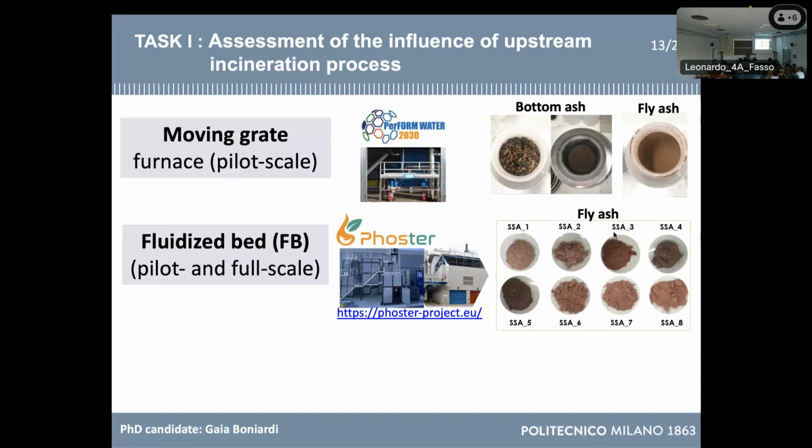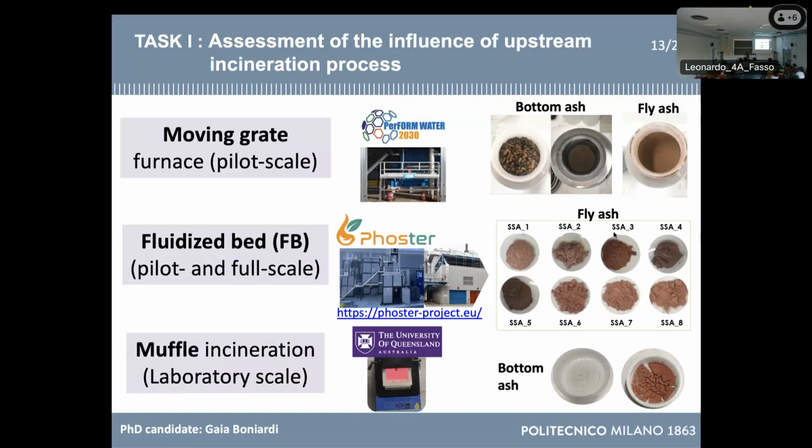You can see here some examples of the ashes collected, and we collected another ash from the Zurigo wastewater treatment plant and incinerator. Then, when I was in Australia, because there was no incinerator, I produced the ashes at laboratory scale: 2 types of ashes, including bottom ash.